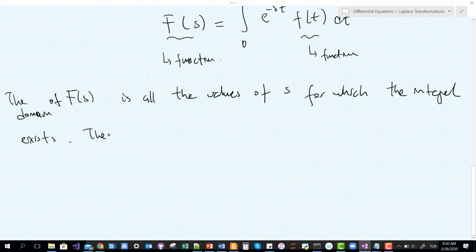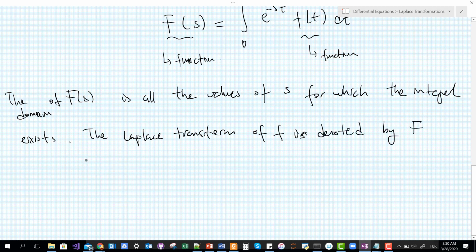And from now on, we are going to use two different notations for the Laplace transformation. The Laplace transform of f is going to be denoted by big F or Laplace of f in this way.